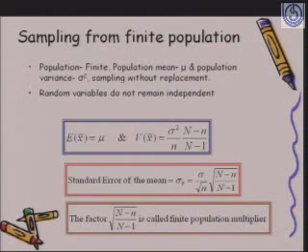So this term vanishes in an infinite population, because if N tends to infinity, then the finite population multiplier vanishes from the equation. That is the justification of what I was telling you.